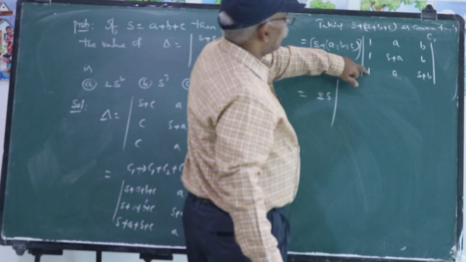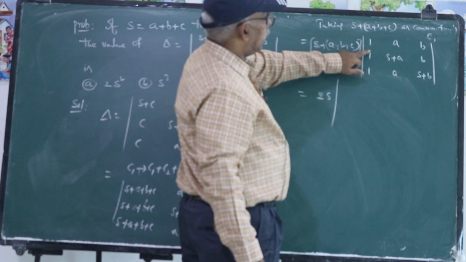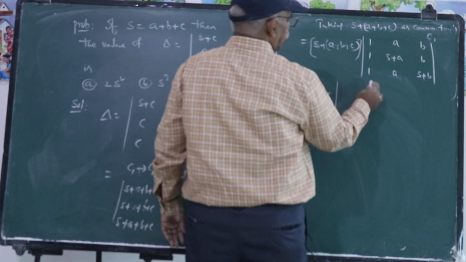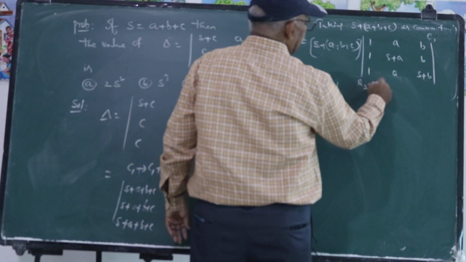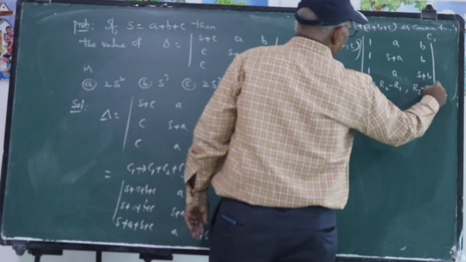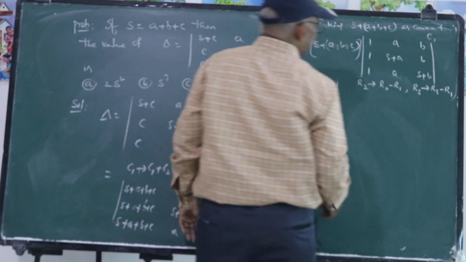Now apply row wise transformations. Make these two positions zeros. To make these two positions zeros, the transformations are R2 goes to R2 minus R1, R3 goes to R3 minus R1.